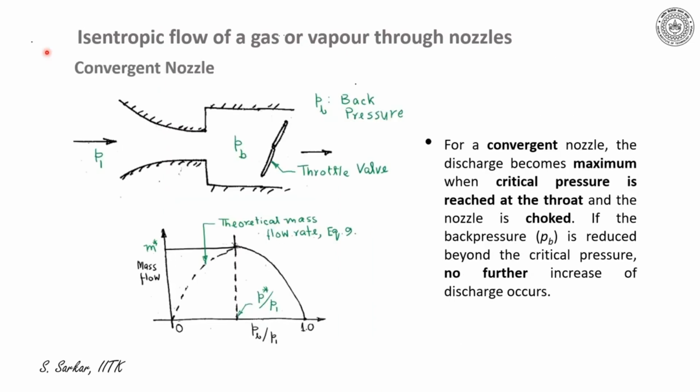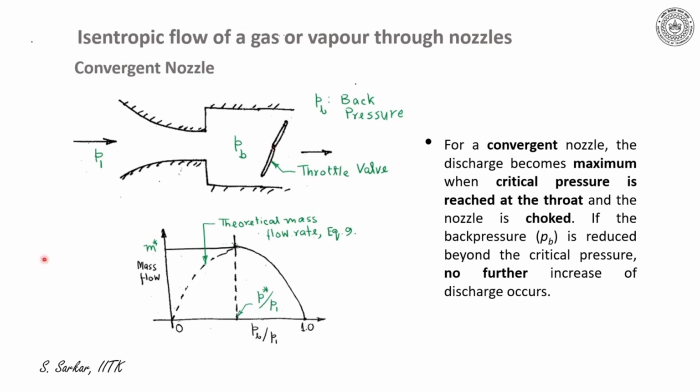Considering the knowledge we have gained regarding isentropic flow of gas or vapor through a nozzle, I have given an example for a convergent nozzle. I have indicated here a convergent nozzle where the inlet pressure is P1 and the exit pressure, which is the back pressure PB, is controlled by a throttle valve.